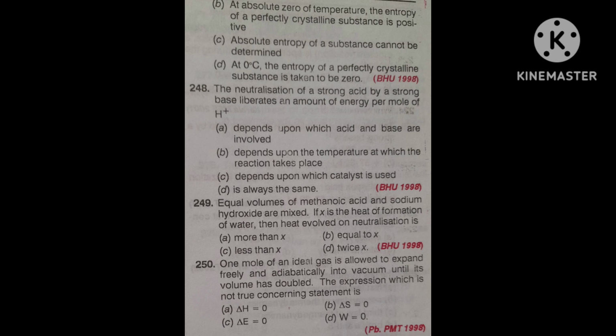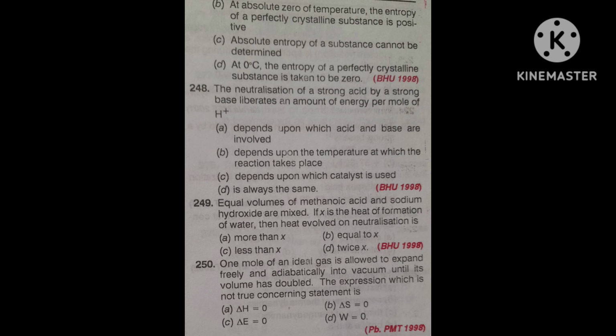Its correct answer is always the same. The neutralization of a strong acid by a strong base liberates an amount of energy per mole of H plus that is always the same. Its value is fixed, 13.7 kilocalorie or 57.3 kilojoule per mole.